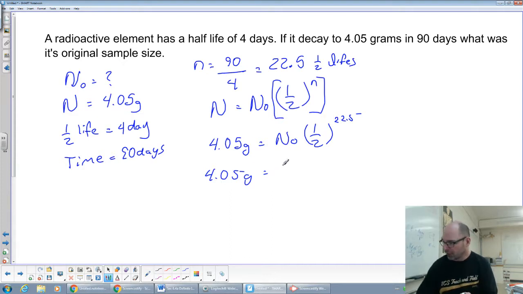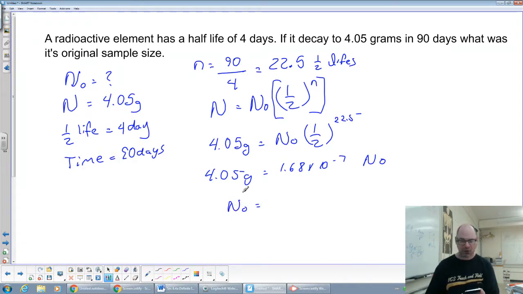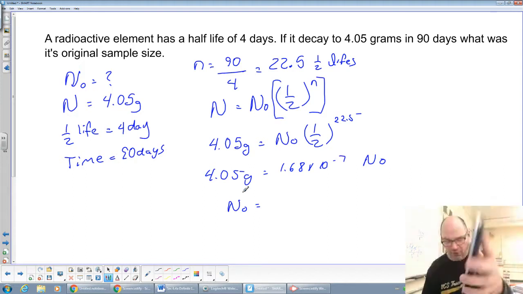I'm going to leave it on my calculator. Then we're going to have to divide 4.05 by this number that's on the calculator.